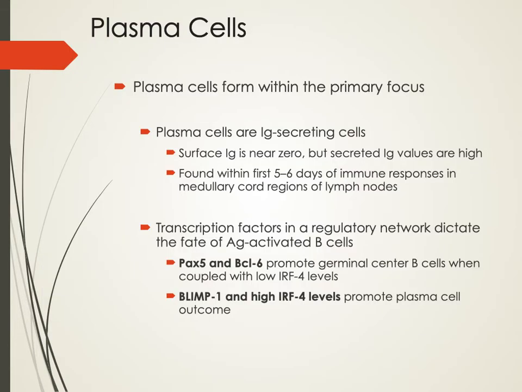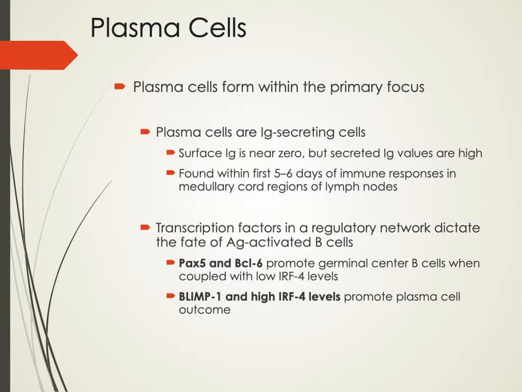So plasma cells are the differentiated B cells. So their focus is going to be on secreting IgGs, secreting antibodies. Okay, so as far as looking at surface IgGs, there's virtually going to be no surface IgGs, membrane-bound IgGs.